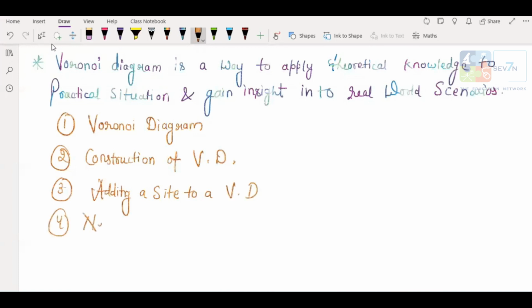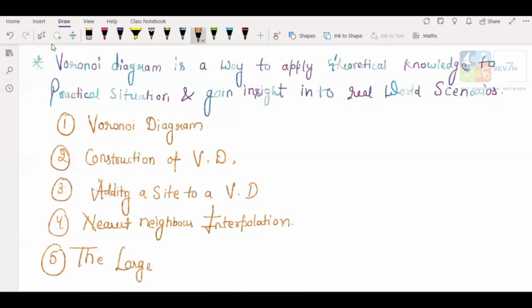The fourth one is nearest neighbor interpretation. And the last and most important thing, the largest empty circle theorem.